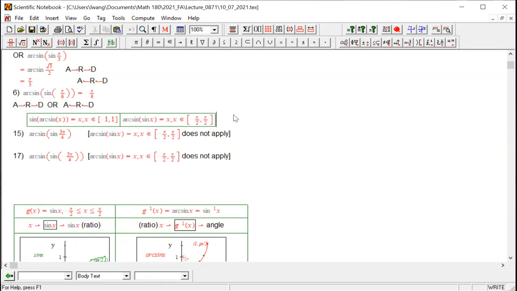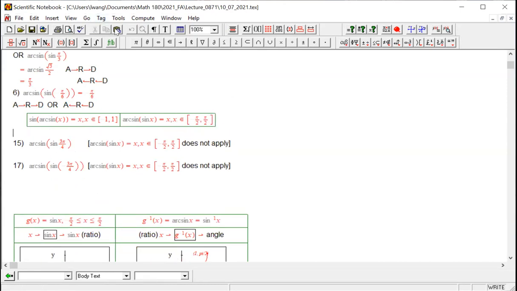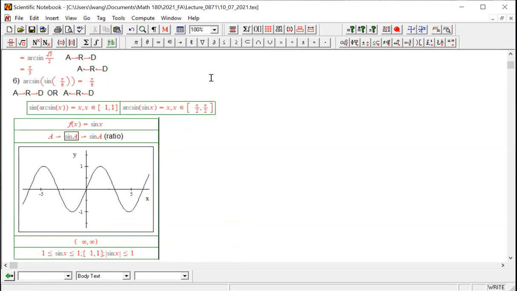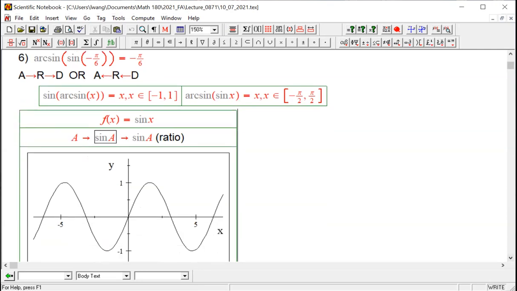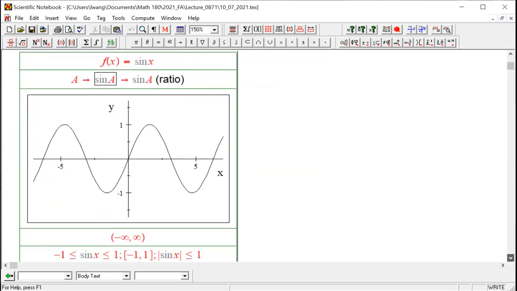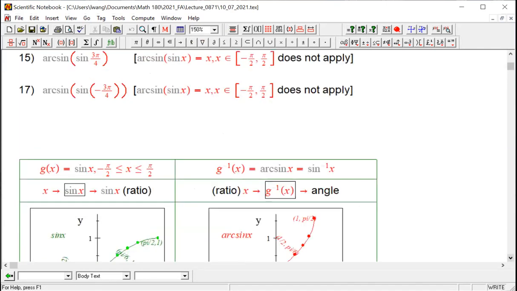Which sine is this referring to? Because sometimes some of our students thought they understood, right? Oh, I understand the restricted sine, the one-to-one version of the sine. And then they come back to tell the professor, oh, this is undefined.